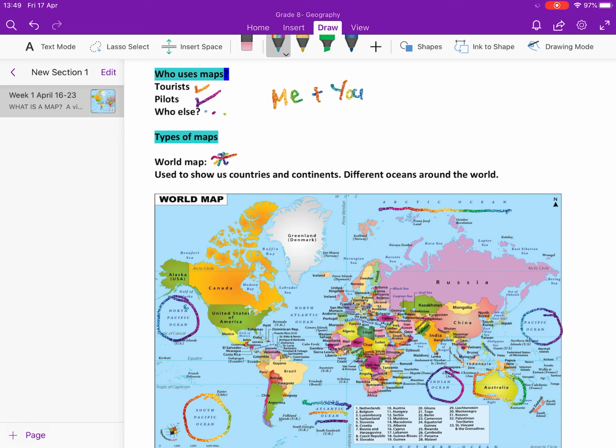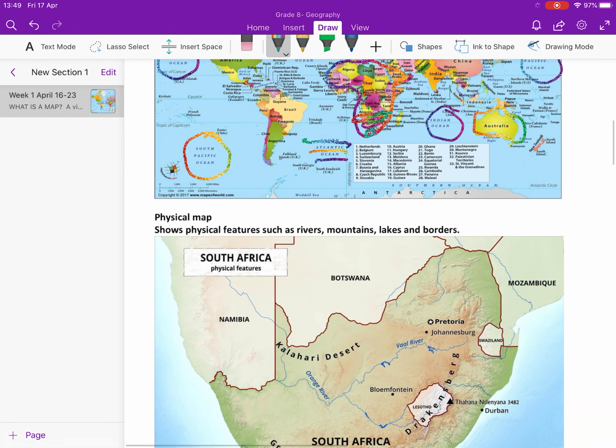Over here we can see Greenland up here. And then we can see China, and you can see Africa and Russia and so on. Those are the different continents. When we look at countries, there's South Africa, there's Botswana, there's Namibia, there's Zimbabwe. So we can see all the countries on a world map.